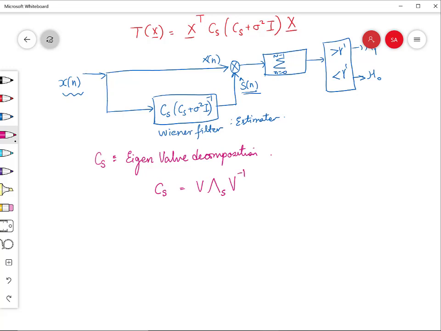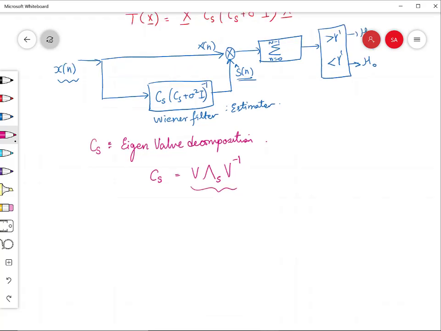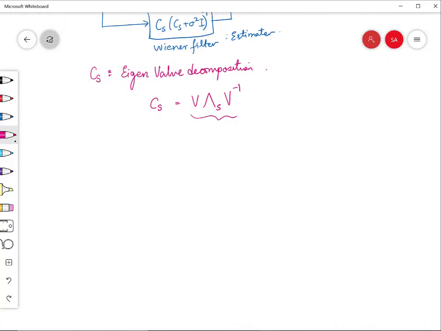So what are these matrices? These are all matrices. Our Cs is an N cross N matrix, and these are also all N cross N matrices. Now V is called the eigenvector matrix.